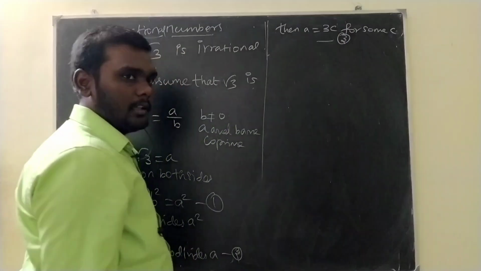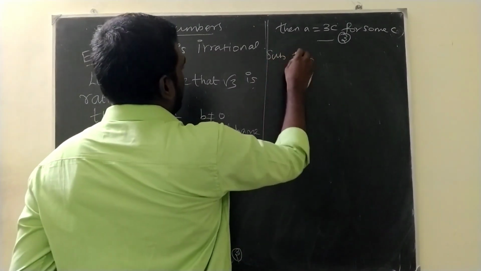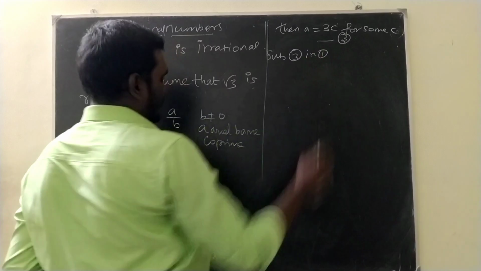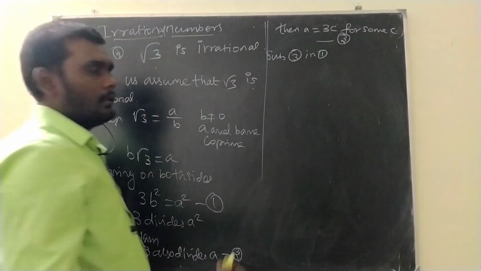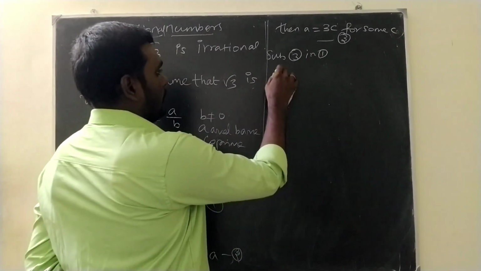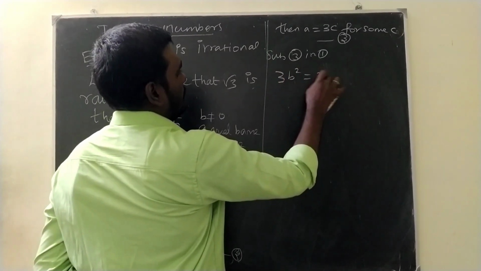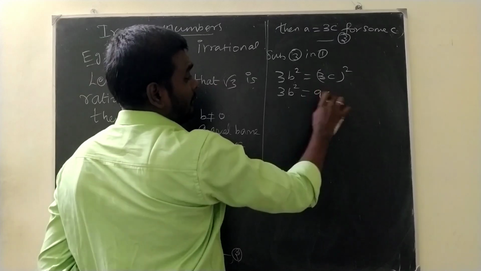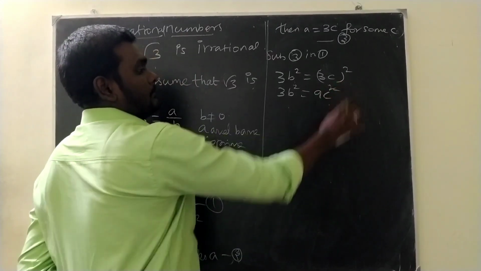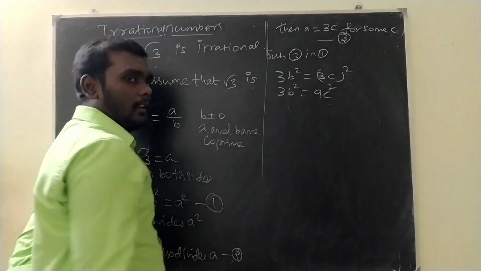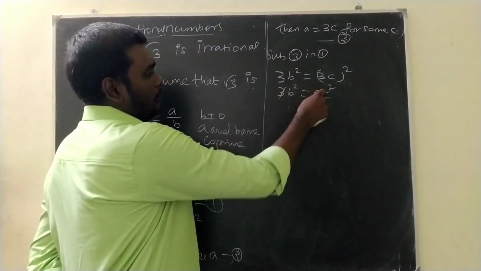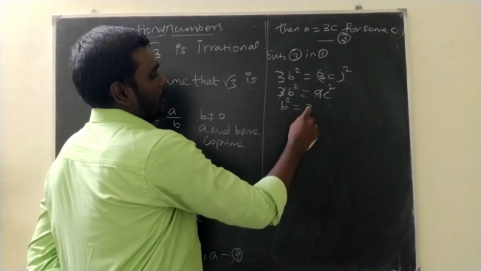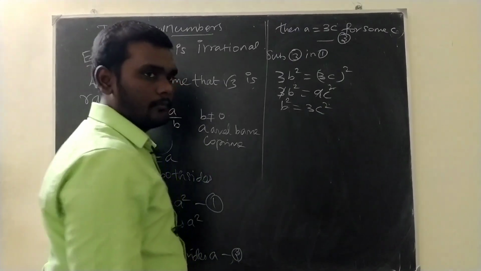We will mark this also. This is equation 3, and we are substituting 3 in 1, which gives 3 b square is equal to 3c whole square. We have 3 b square is equal to 9 c square. Okay. Then when you simplify these two, b square is equal to 3 c square.